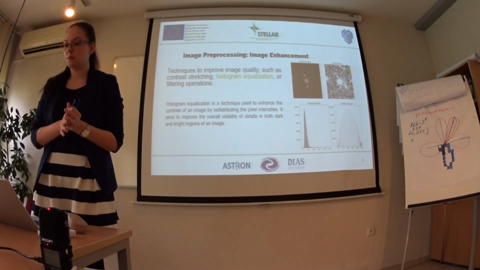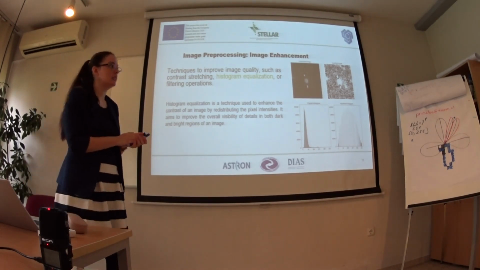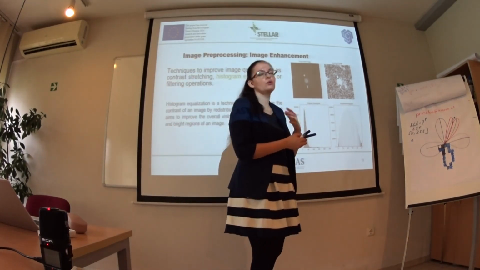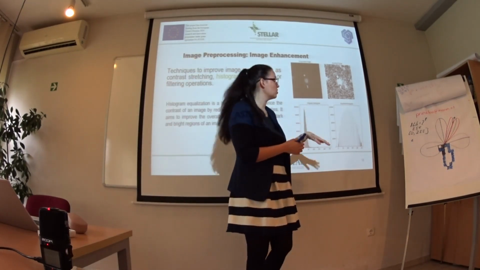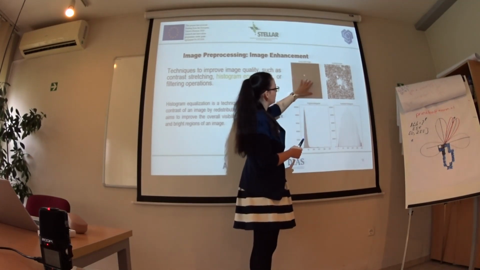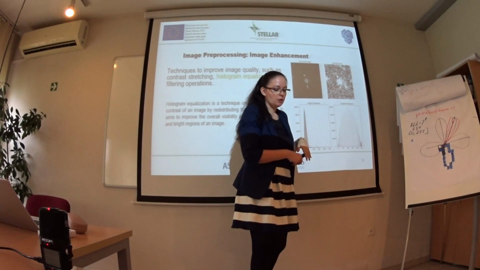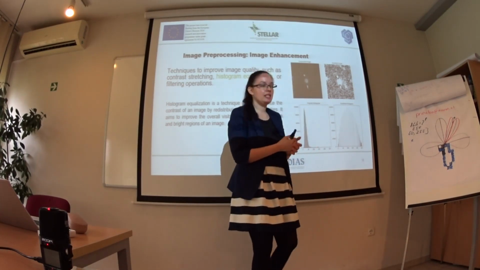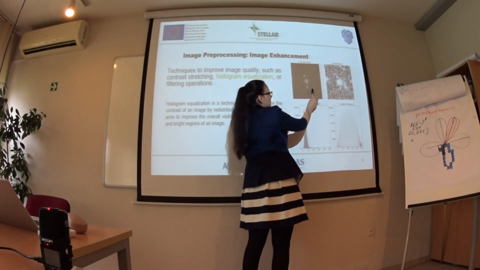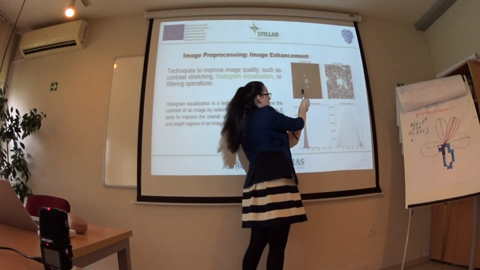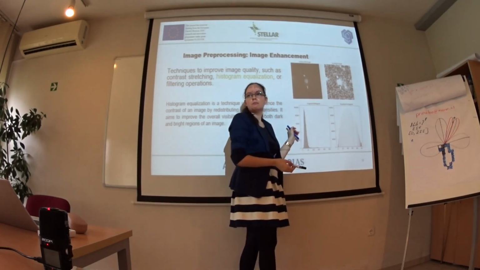And the point is, it's not really a good example of image equalization, but if you have something that is hidden in the black part of the image, you can find it.